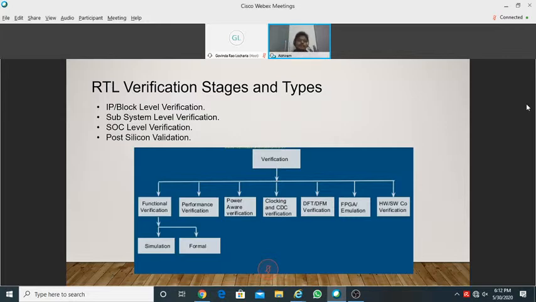For example, if you take an ARM processor, okay, the ARM processor is transferring data from one interface to another interface. Now it started fetching data, but it was not able to send output. But where is it stuck? How do we know? At what interface, at what IP? So then we have certain logic called design for manufacturing or design for test related logic.